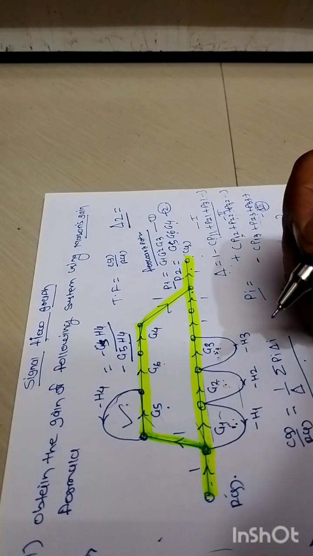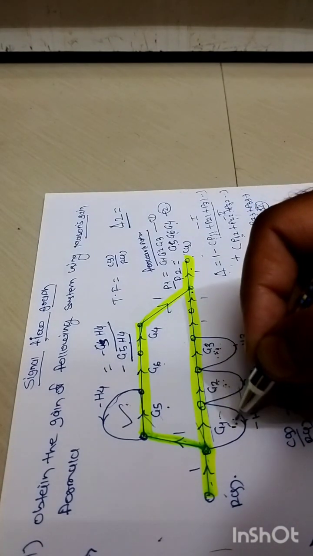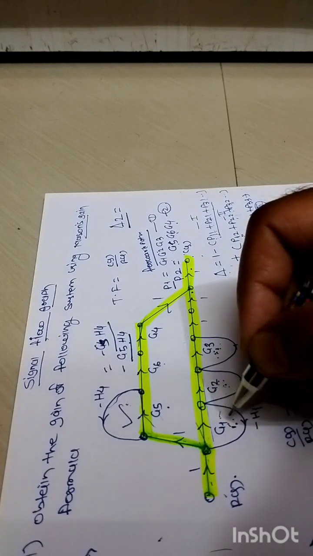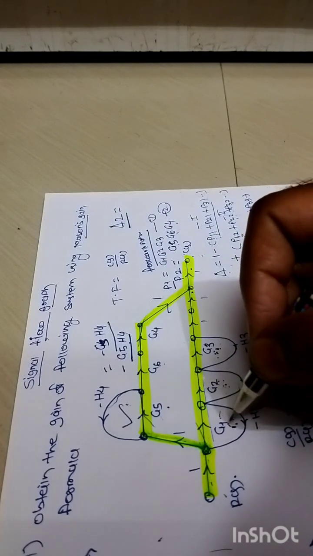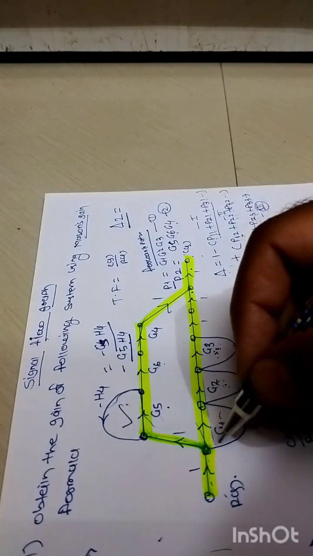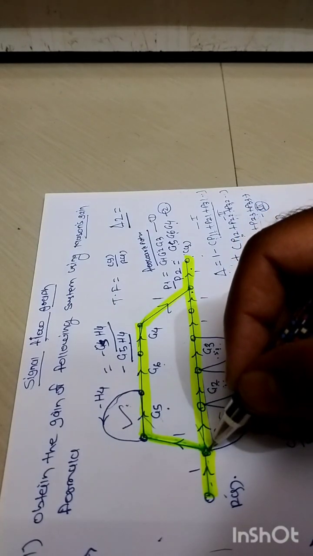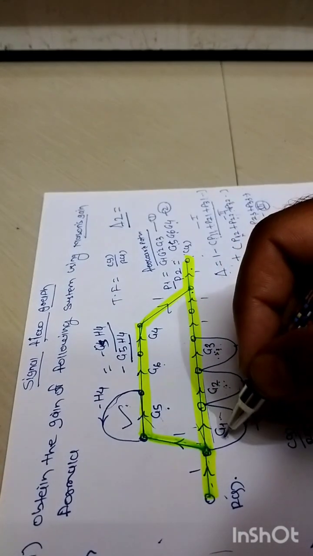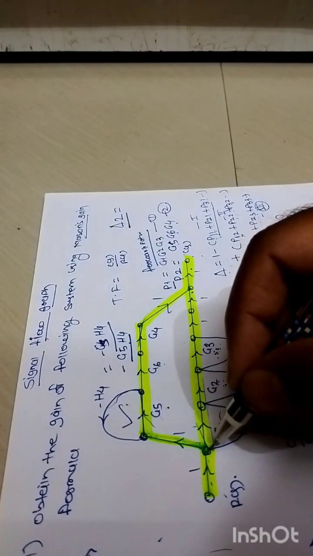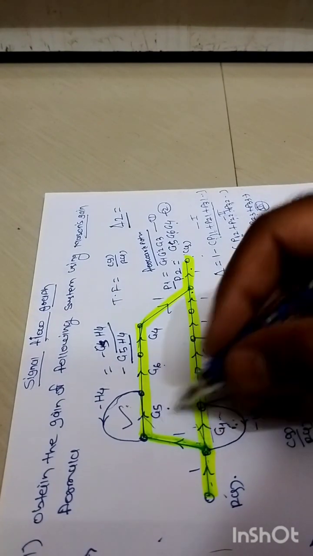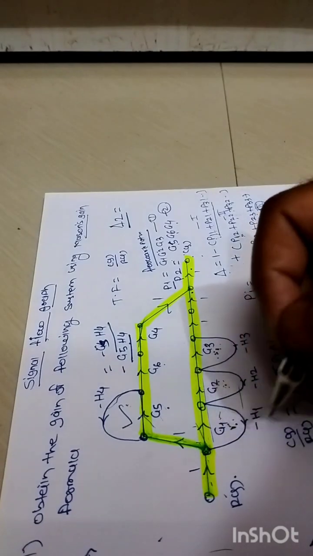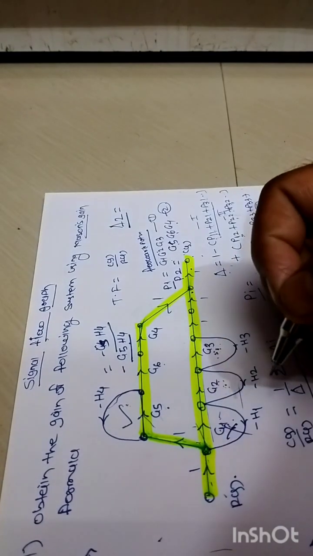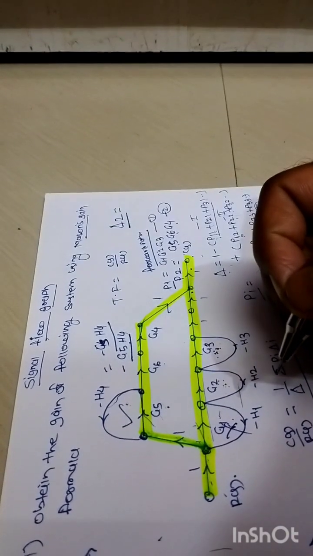So we cannot treat this first loop as a part of delta 2, because it touches this node, which is part of forward path number 2 as well as this loop gain.